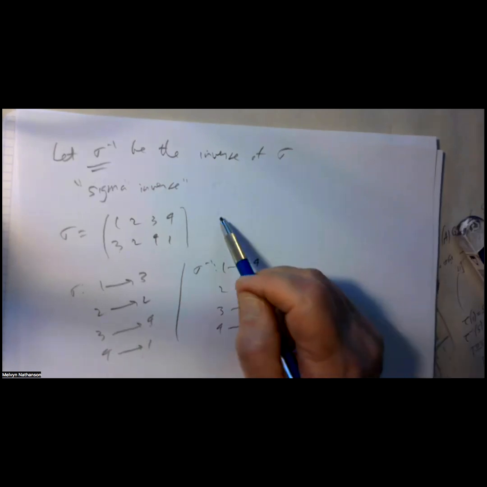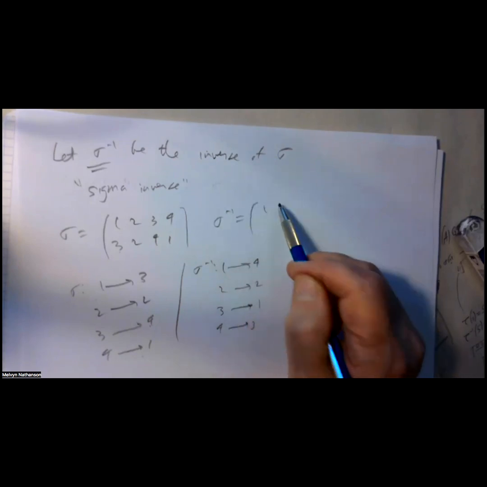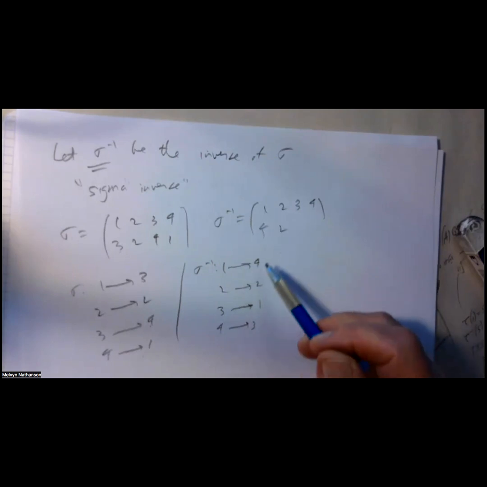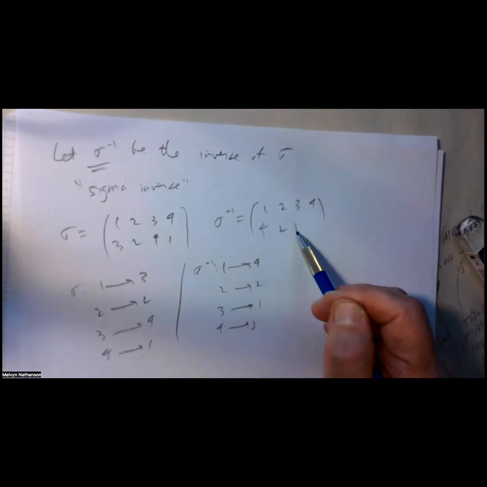So if sigma sends 4 to 1, the inverse will send 1 back to 4. If sigma sends 2 to 2, the inverse sends 2 back to 2. If sigma sends 1 to 3, the inverse sends 3 back to 1. And if sigma sends 3 to 4, the inverse sends 4 back to 3. So we would say that sigma inverse is the permutation where 1 goes to 4, 2 goes to 2, 3 goes to 1, and 4 goes to 3.